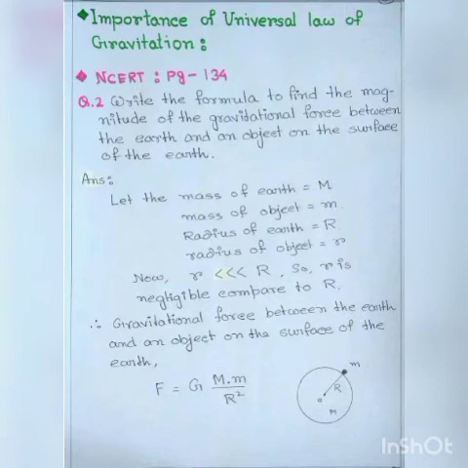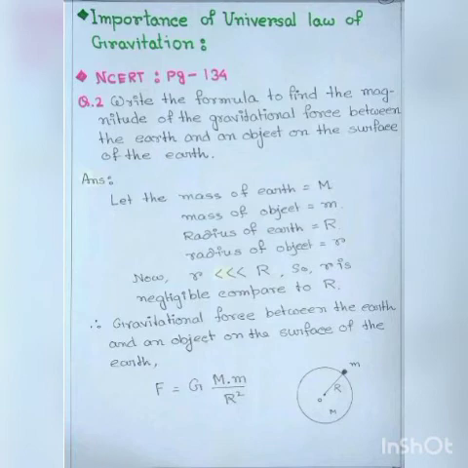Here we have to consider that the total mass of the earth is concentrated at its center. Therefore, what is the distance between the earth and the object? It is equal to the radius of the earth.